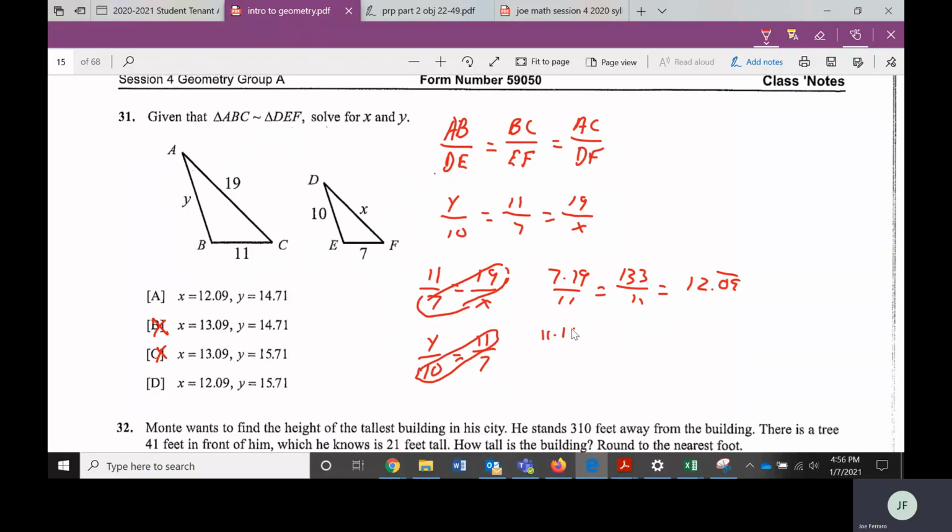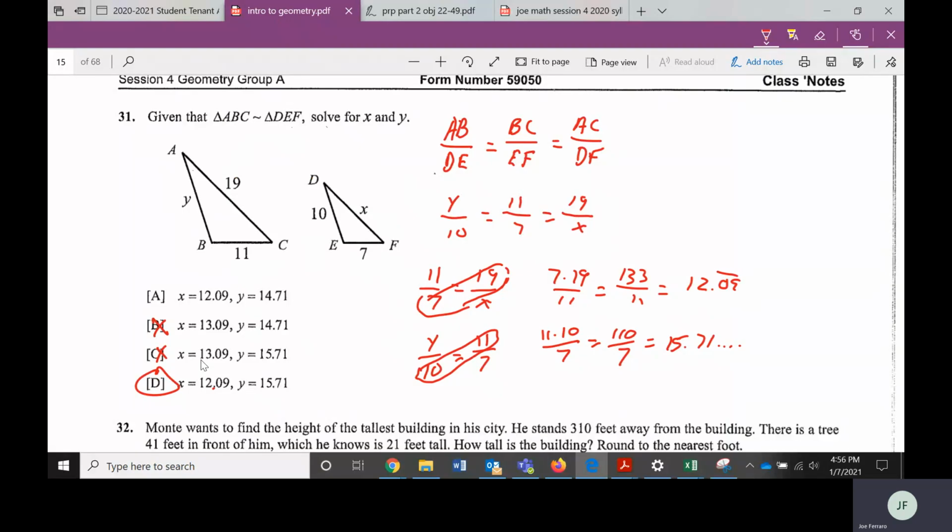So 11 times 10, all divided by 7. Multiply that, you divide, you get 15.71 something. So 12.09 for the first, 15.71 for Y. D is our answer.